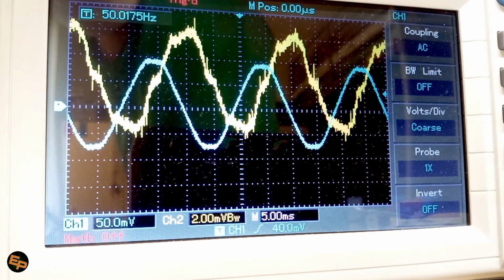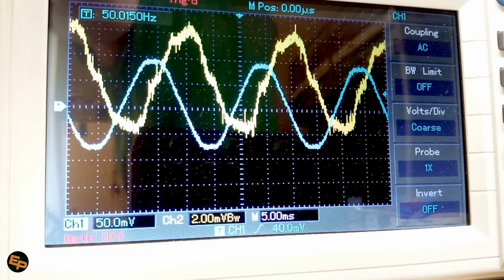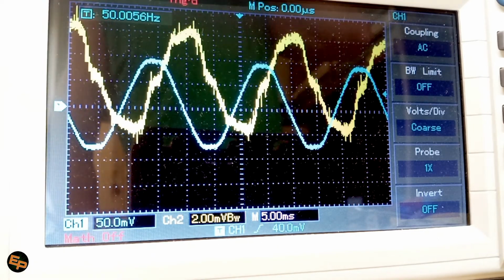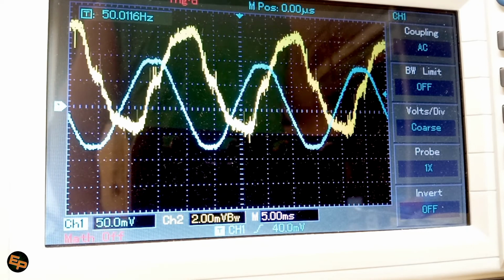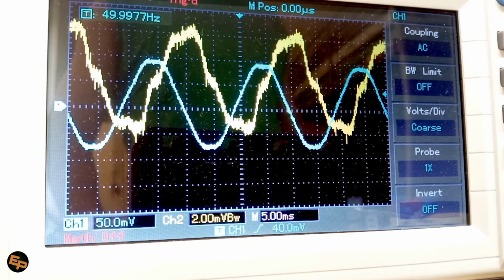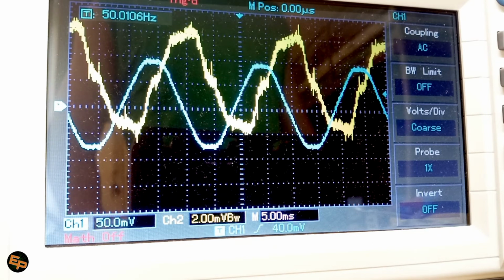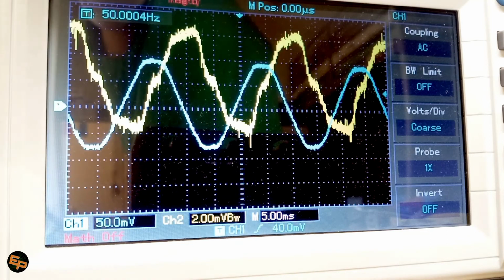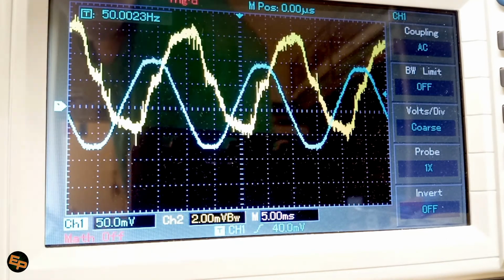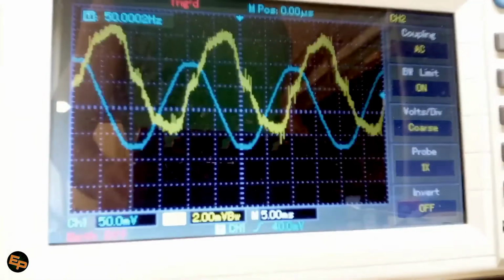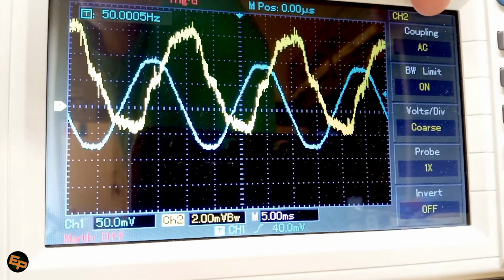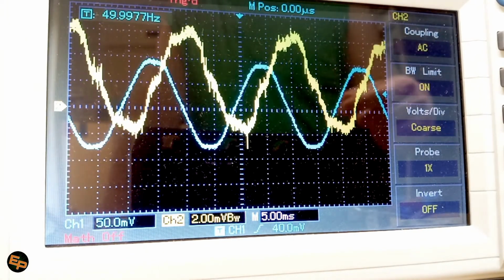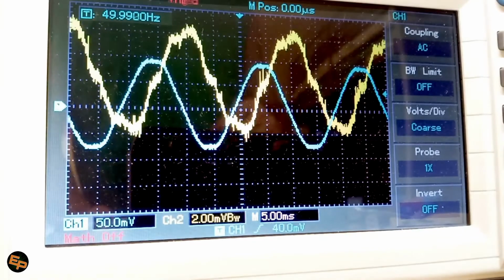Okay, so of course there is some phase shift between the induced current and the actual current that flows through our circuit. Also, there is some form of DC offset. Don't ask me why, because this channel is coupled in AC. Theoretically, it should wiggle around the zero line, but anyway, we'll just ignore that.